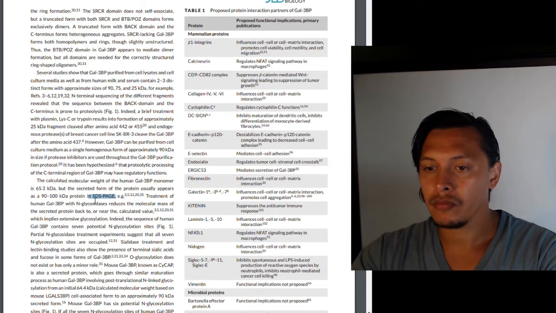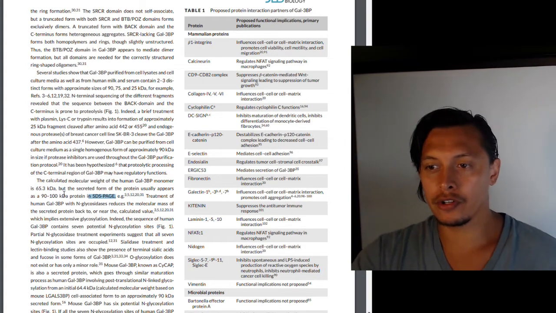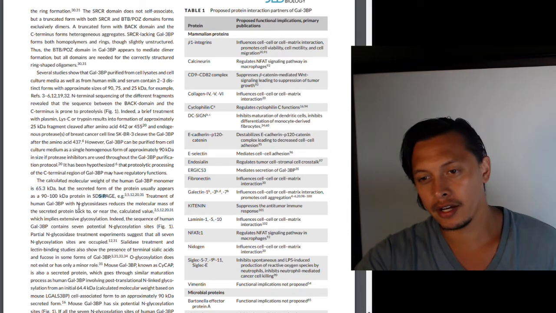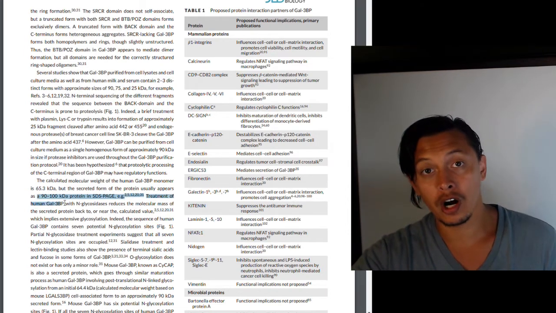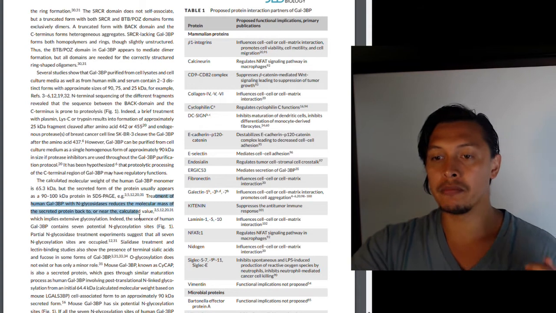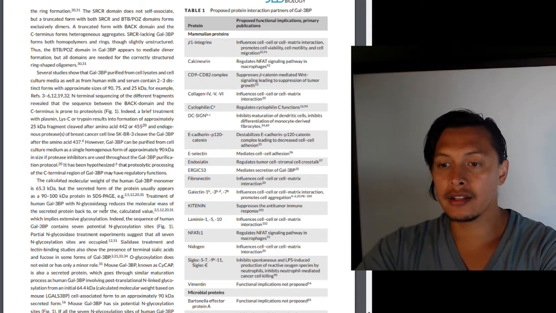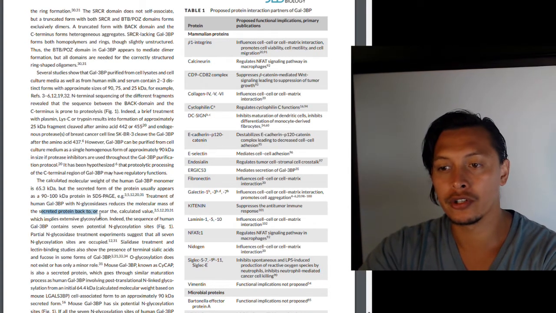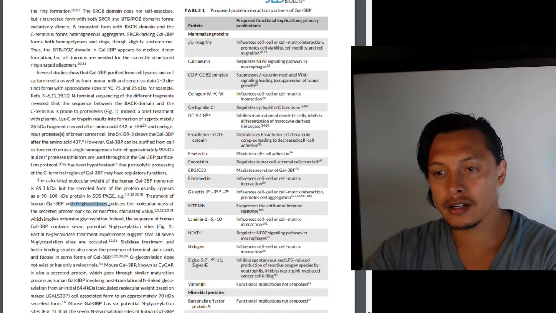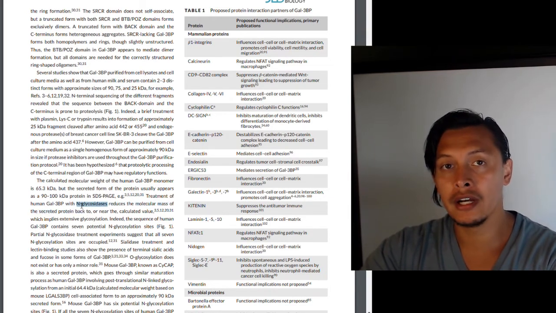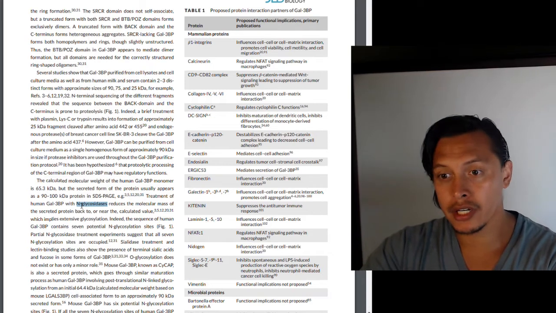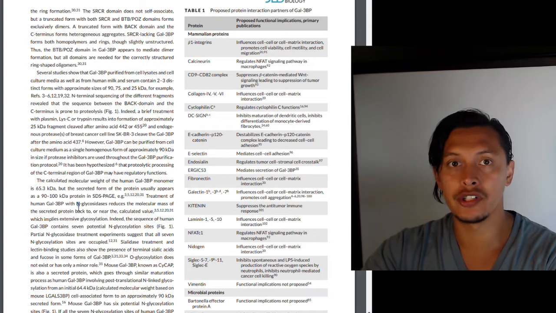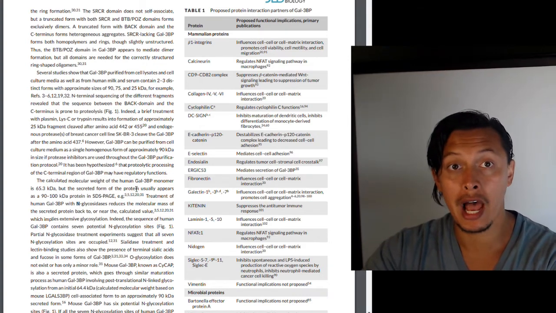So the monomer is supposed to be 65.3 kilodaltons. However, in SDS-PAGE, we keep on seeing 90 to 100 kilodaltons. And treatment of human Galectin-3 binding protein with N-glycosidases reduces the molecular mass of the secreted protein back to or near the calculated value. These N-glycosidases remove sugars from proteins, explicitly from nitrogens, which are a common atom at which glycosylation happens on a protein.